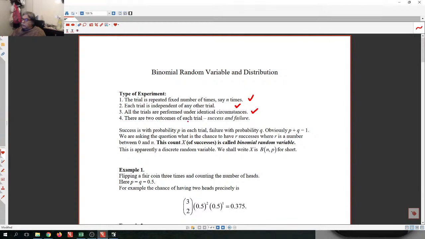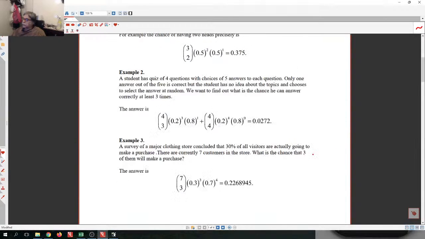And then there are two outcomes of each trial, success and failure. In this particular case, that's a reoffense or not. So we have all four conditions that are needed to declare the number of successes, the number of reoffenses, a binomial random variable. So that's the first step.